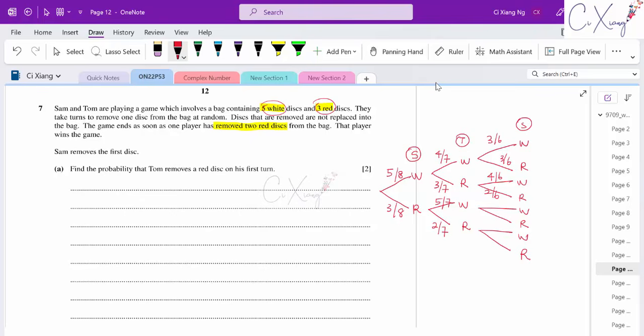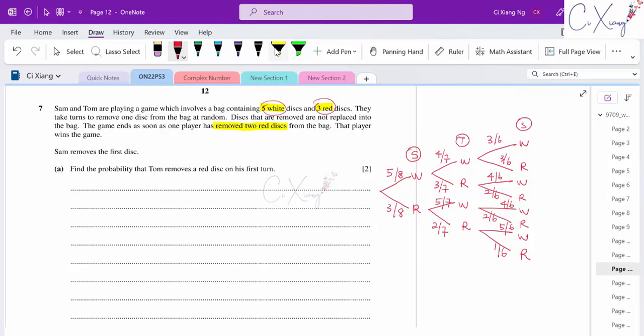Okay, first one is red, second one is white, the third one is white again. Then it will become 4 over 6, and then 2 over 6. And for the next one, if I get red, white, then the probability for white is 5 over 6, and then I have 1 over 6 here.